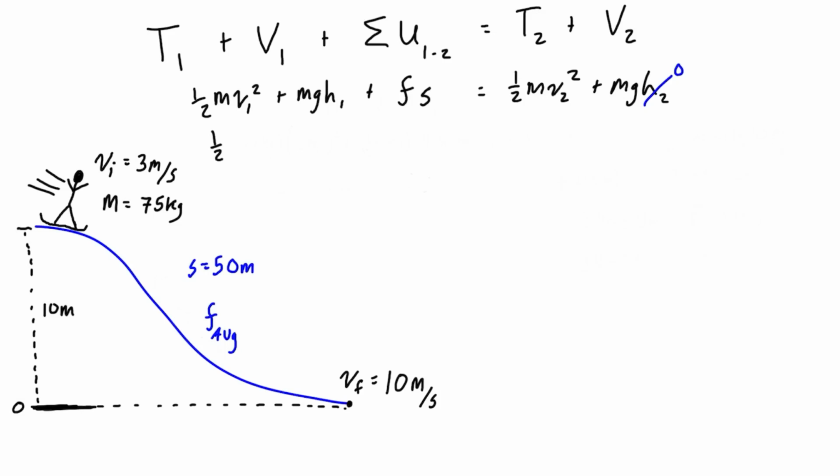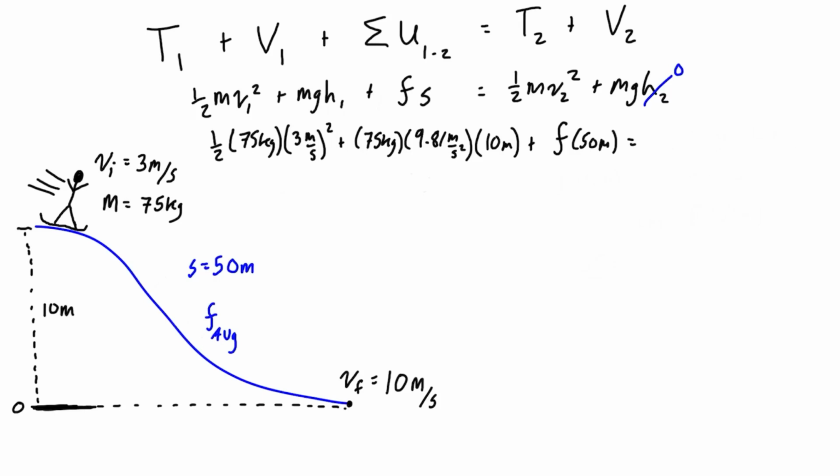So we have 1/2 times the mass, which is 75 kilograms, times the initial velocity, which is 3 meters per second, all squared, plus again the mass, 75 kilograms, times acceleration due to gravity, meters per second squared, times h1, that is a value of 10 meters, plus the unknown average force of friction, times the path traveled, which is 50 meters.